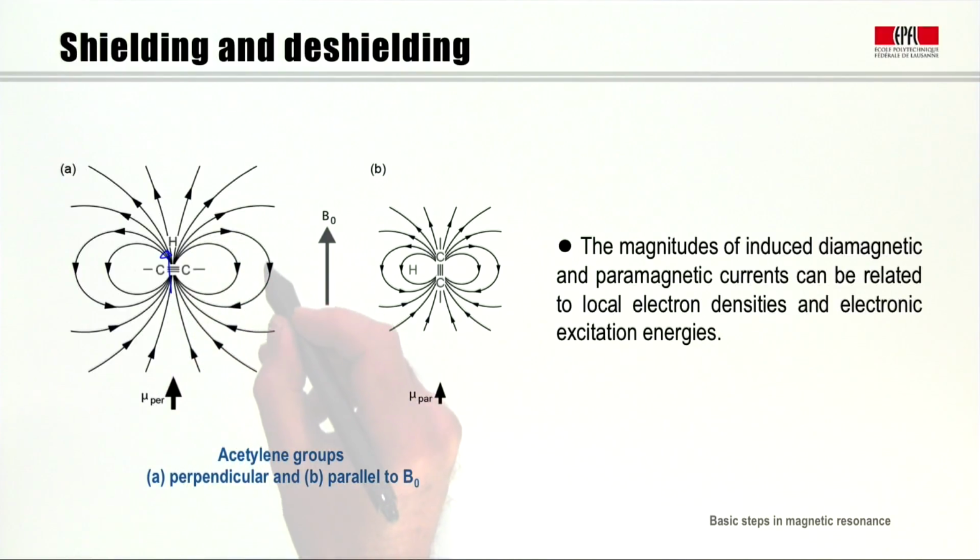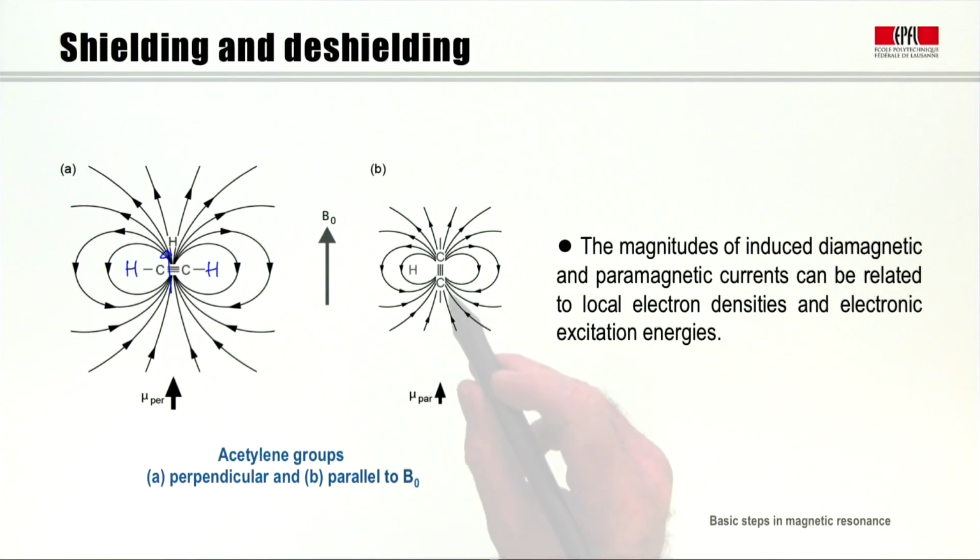And therefore we have these arrows here representing the flux, and you can see that they will affect, for example, the acetylenic protons here and here, where they have a situation which is actually opposite to what happens in, for example, benzene. But the complexity is compounded by the fact that if the triple bond is parallel to the field, then we have to draw it this way. It turns out that these electrons circulate less freely in this situation, and therefore the induced paramagnetic dipole is weaker.